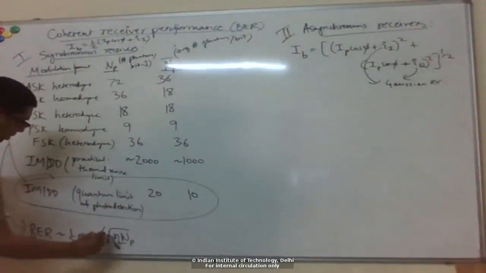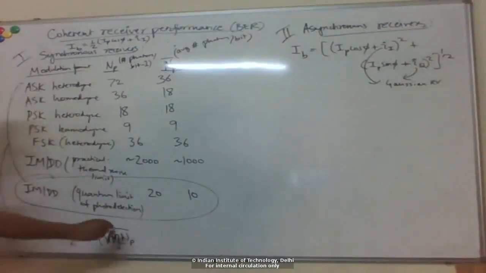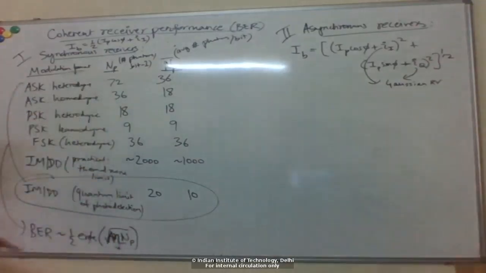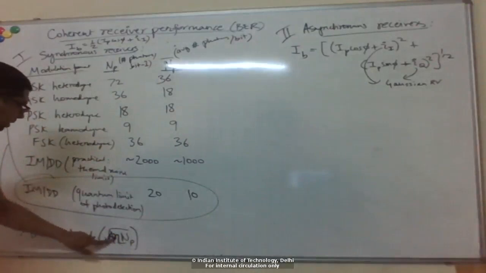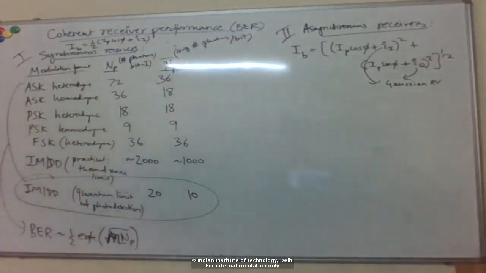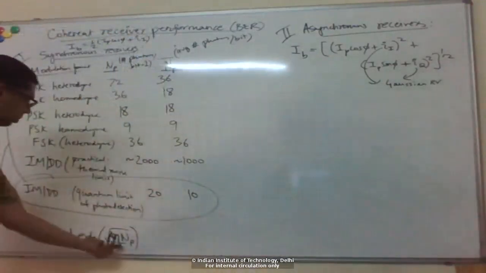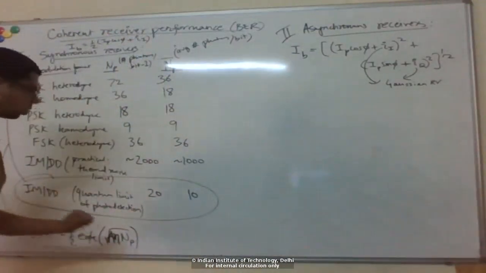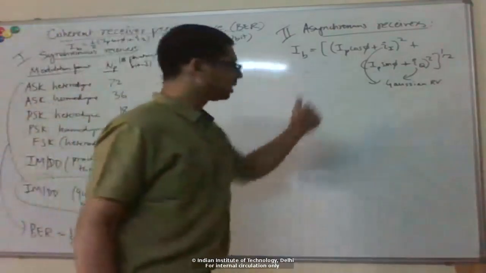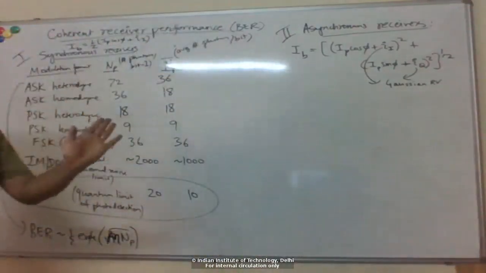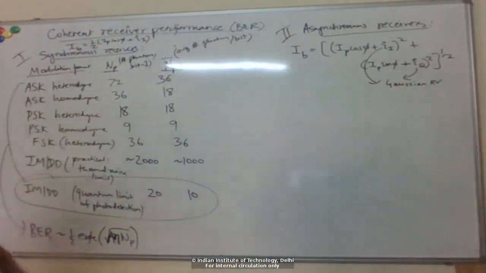I can write some constant A times eta times photon number. That was the expression for the BER we got in this case. In this case, of course, we won't get the same expression for the BER in terms of the SNR or the photon number, because this, recall, came from the integration of this Gaussian function beyond some limits.